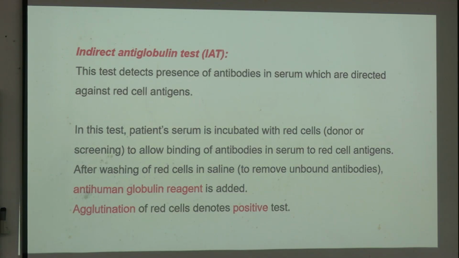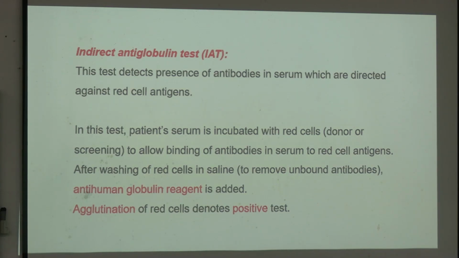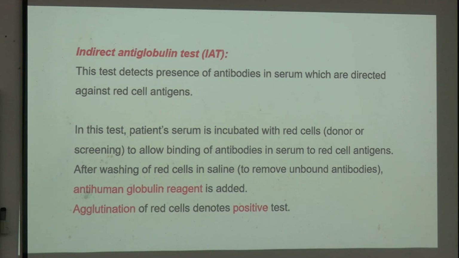So we are coming to indirect antiglobulin test. This detects the presence of antibodies in the serum. So Coombs test has two types, direct and indirect. In case of blood compatibility testing, we will need the indirect Coombs test.